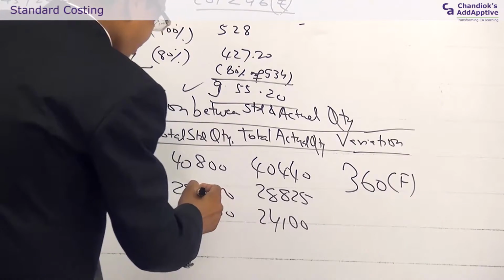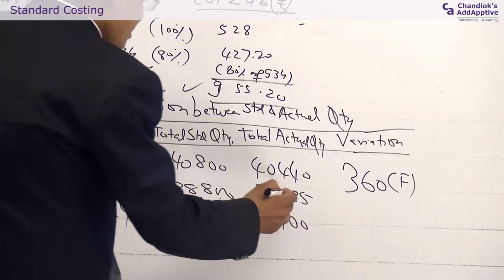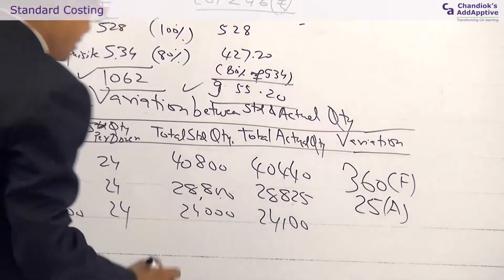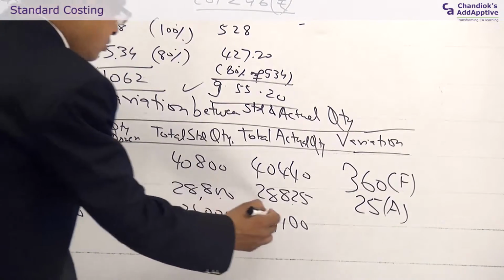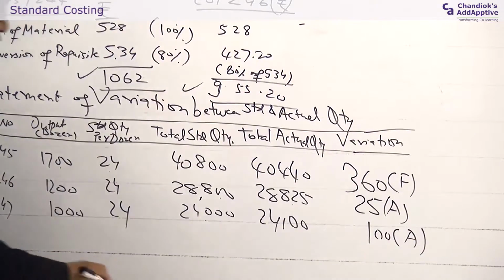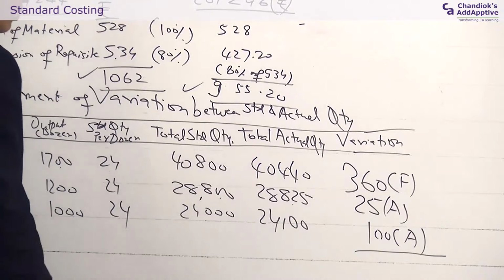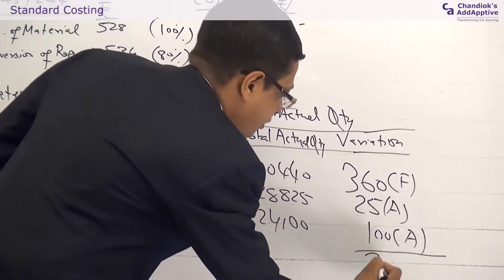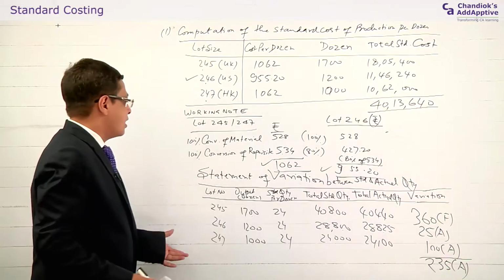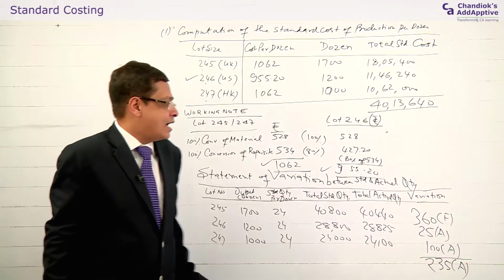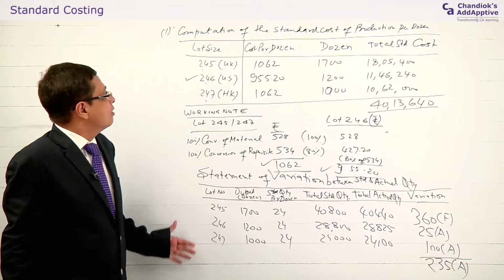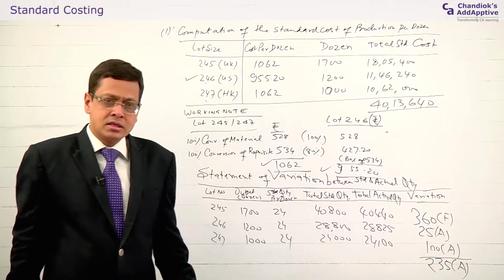Now, the second one: 28,800 was standard, you take 25 more. So, this is 25 adverse. Here you are required to take 24,000, you took 100 more. So, 100 is adverse. So, if you add them together, you get a total value of 235 adverse. So, this is the variation between standard and actual quantity. So, this is the first part of the question which is continuing.